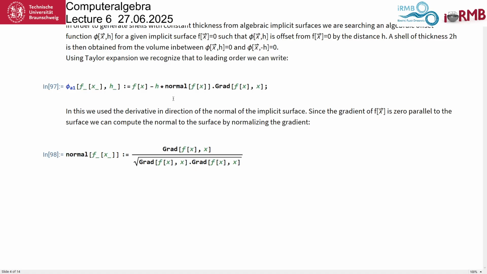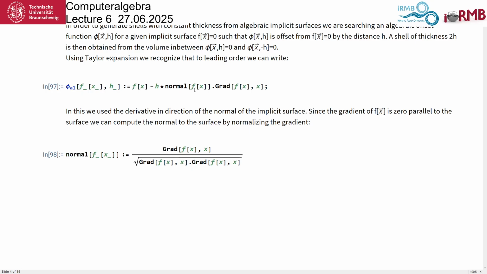So we have to multiply the normal with the gradient in order to go in the direction of the normal, and then we go a distance h. Yeah, because we want to move to a distance h.